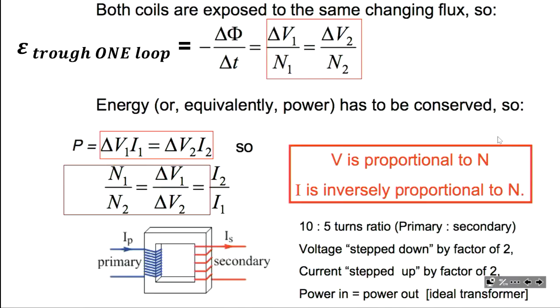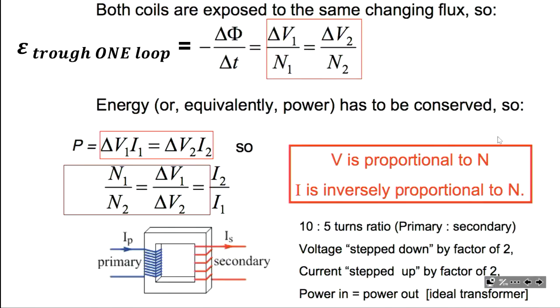in each single loop, the flux is the same. So more loops, more flux, less loops, less flux. This ratio, the voltage in a coil divided by the number of turns, represents the EMF induced in a single loop, and should be the same for both. That gives a relationship between voltage and number of turns.